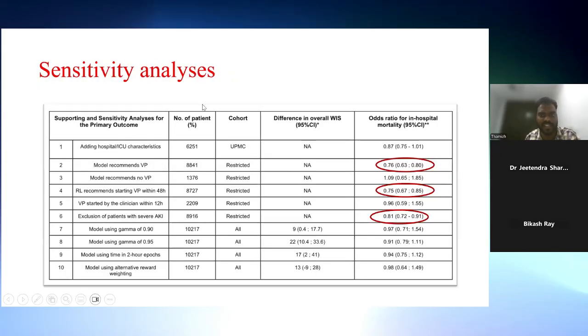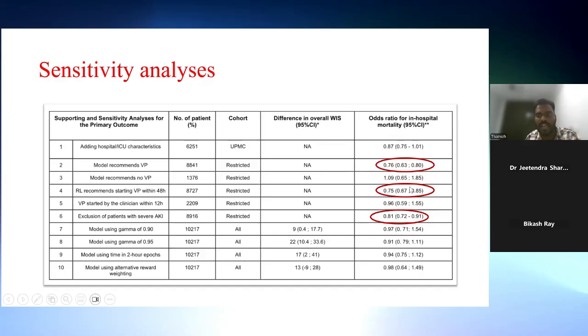So this is the sensitivity analysis. Here, as I said earlier, after changing the hospital or ICU characteristics, the odds ratio for in-hospital mortality did not change much. Also, in the sensitivity analysis in restricted cohorts, like those in whom only vasopressin was started, in whom vasopressin was started within 48 hours, and after excluding AKI patients, all three categories still show a significant difference, with a much lower risk of mortality in the RL group.